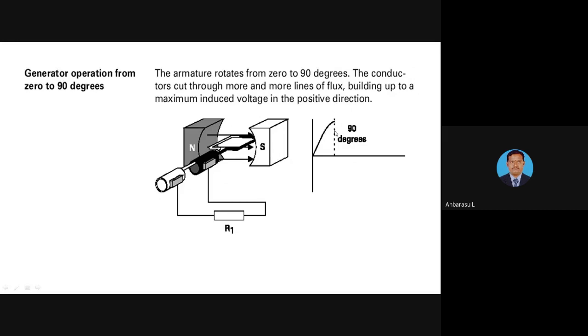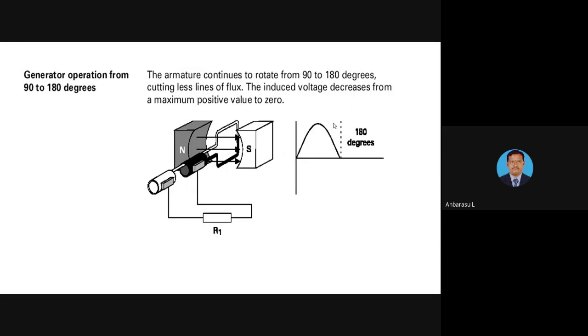Then another 90 degree rotation, from 90 degree to 180 degree. Here the black color conductor is moving away from the south pole.